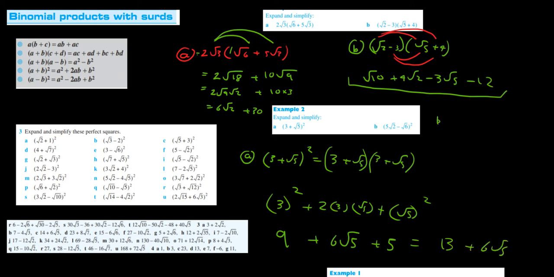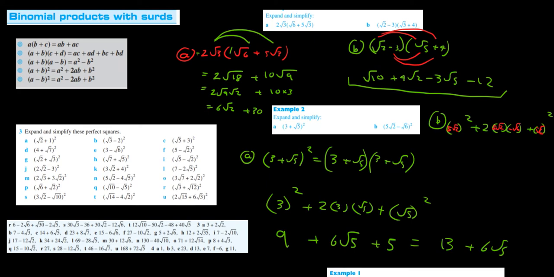We can do the same for B. We square the first, double the product, and square the last. Let's do this in red. So the first term is 5 root 2. Last term is root 6. And then in the middle we get 5 root 2 negative root 6.